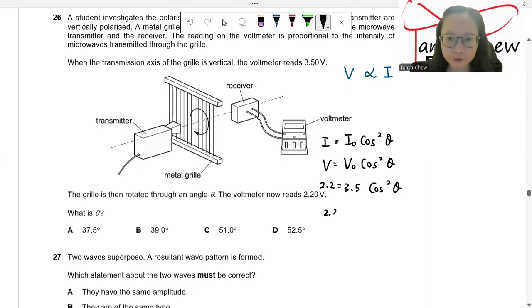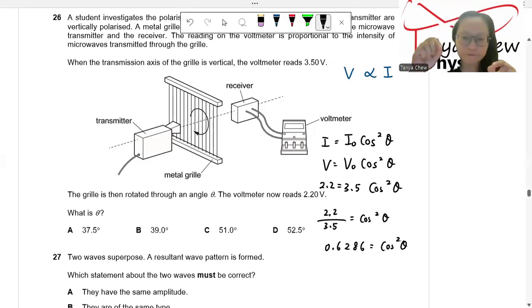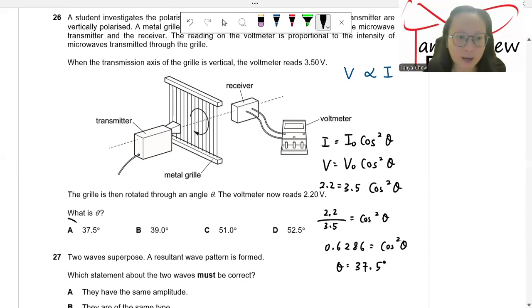Now 2.2 divided by 3.5 is equal to cos square theta. Now 0.6286 is equal to cos square theta. Just square root, shift cos first, yeah? And then theta is supposed to be 37.5 degrees. A is the answer.